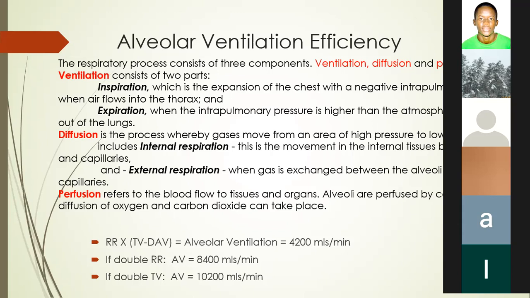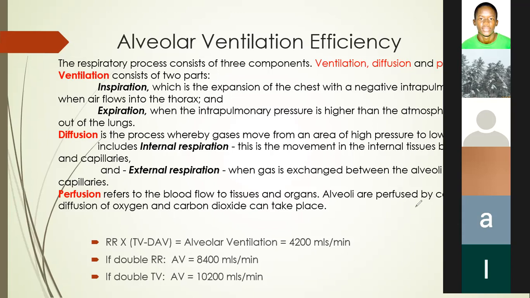If we had low carbon dioxide in the air chamber, by the time the air is moving out, it will have equilibrated with the amount brought by the venous blood. So that is simply the countercurrent exchange.